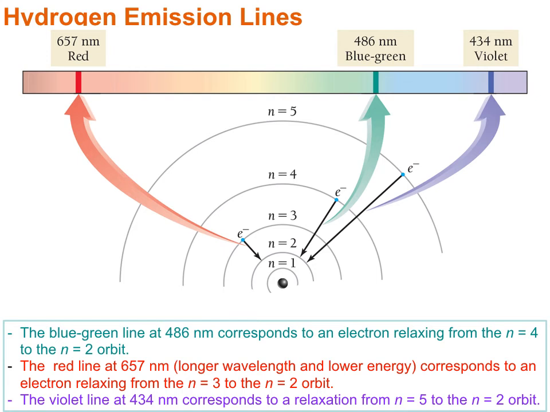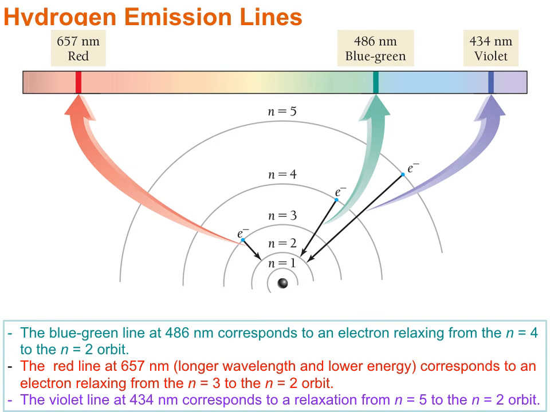Now, let's pick this apart. The red line at 657 nanometers, remember, that's the longest wavelength, meaning that's the lowest energy transition. So we can go ahead and correspond that to an electron relaxing from the n equals 3 energy level, because remember, it was excited up to the n equals 3, and it relaxes down to the n equals 2 orbit. Likewise, we can look at this blue-green line at 486 nanometers.